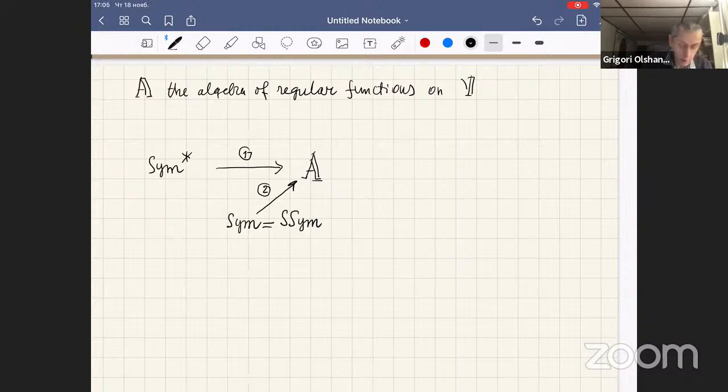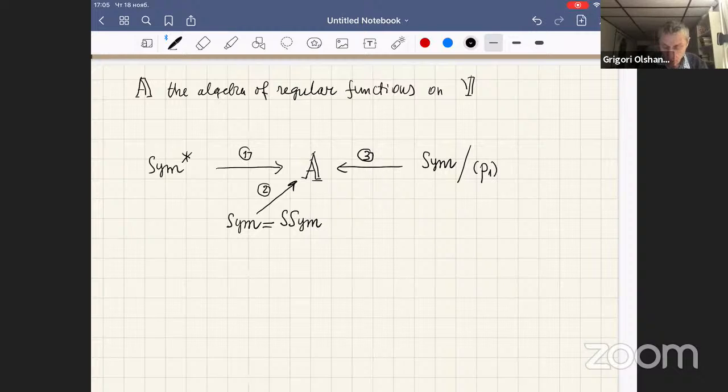And next we have another arrow, now number 3, from another copy of the algebra of symmetric functions, but in a different way. We take its quotient by the ideal generated by P1, the first power sum.